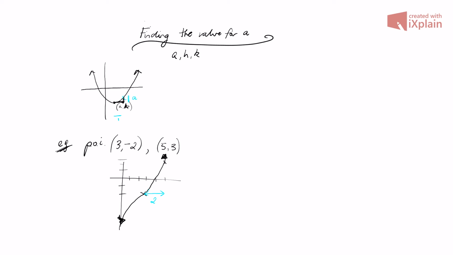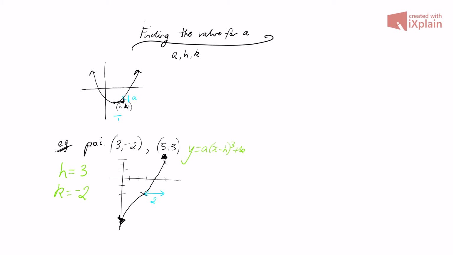We can only see the a value if we can see across 1 step and how far up the function goes. So basically we write down what we can see of the function. I know h is the x value of the point of inflection, and I know k, which is the y value of the point of inflection, and I also know the general form. I know this is a cubic function, so it's definitely y equals a(x minus h) cubed plus k.